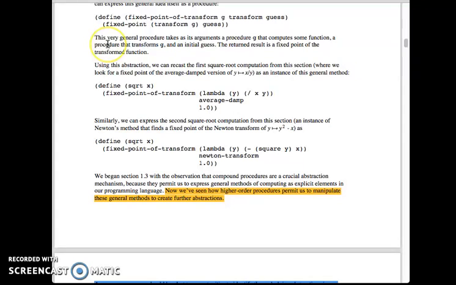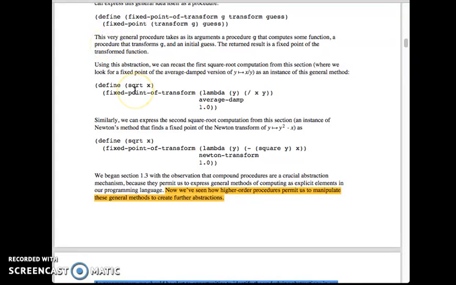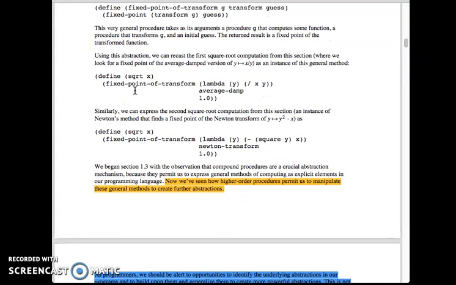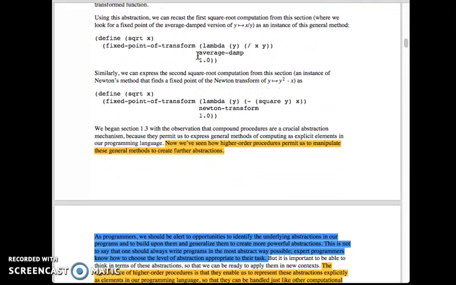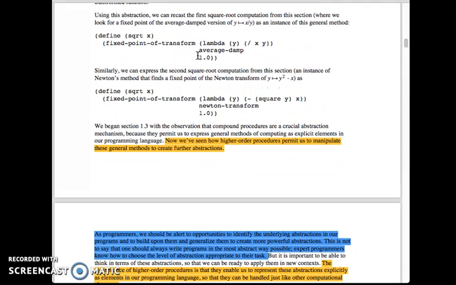This very general procedure takes as its arguments a procedure g that computes some function, a procedure that transforms g, and an initial guess. The returned result is a fixed point of the transform function. Using this abstraction, we can recast the first square root computation from this section, where we looked for a fixed point of the average damped version of y maps to x divided by y, as an instance of this general method.